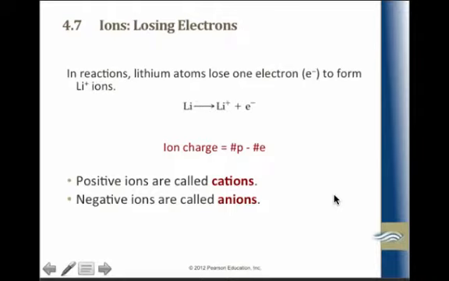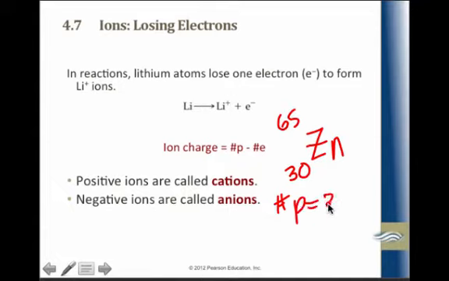So going back to the same example we worked on the previous slide, let's go back to zinc. And if I have a mass of 65, as I did on the previous slide, we went through and we said, okay, there are 30 protons, there are 35 neutrons, and we would put, for a neutral atom, 30 electrons, but let's change this.